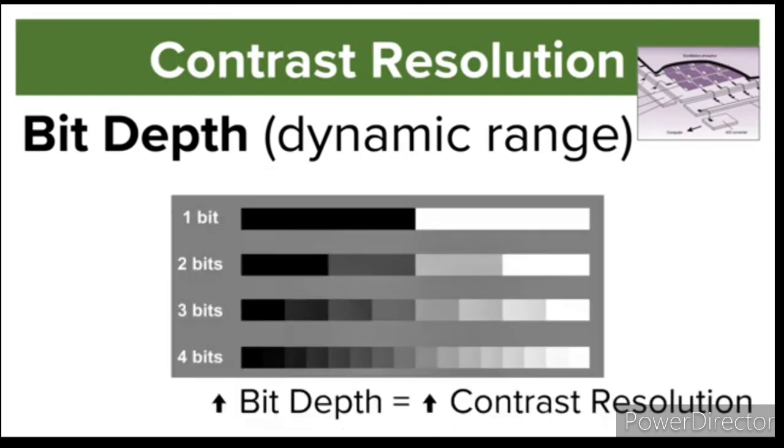So, increasing bit depth increases contrast resolution. But be careful, this is not an increase in image contrast. Increasing contrast resolution means you are increasing the ability to distinguish many shades of gray.